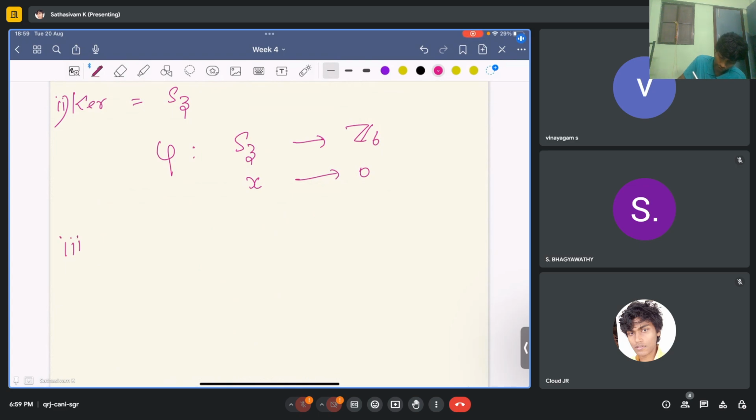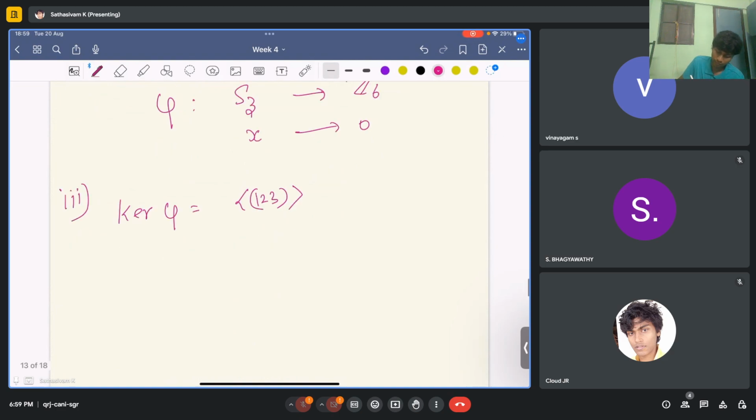Let's look at the third possibility, which is the kernel of phi is nothing but {1, (1 2 3), (1 3 2)}. In this case, we have to get a map from S3 mod this subgroup to Z6, by the first isomorphism theorem.